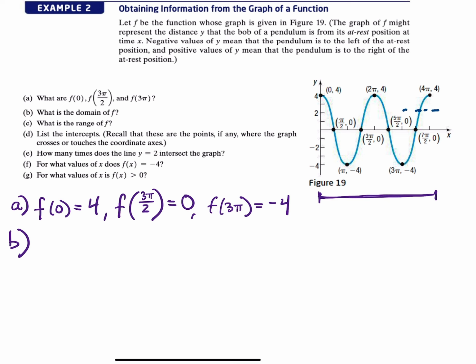What's the smallest x value? There are no arrows here showing that the graph continues forever. If you see a little arrow at the end, that might indicate that the graph is going all the way to negative infinity. That's not the case here. It's just starting at this specific location.